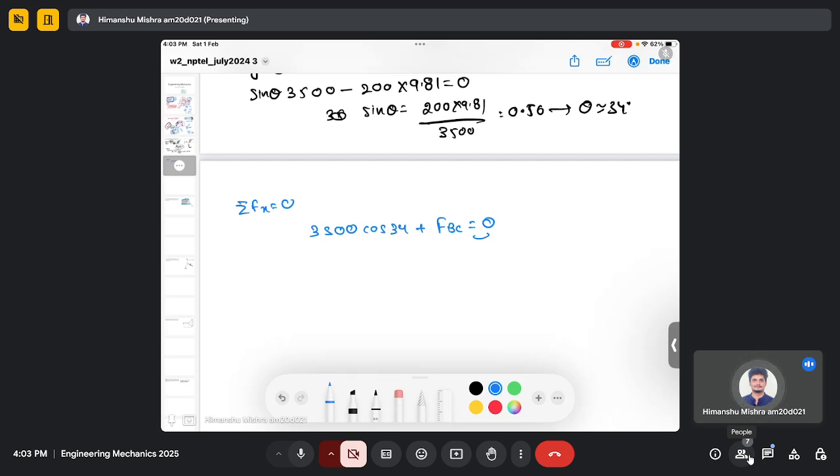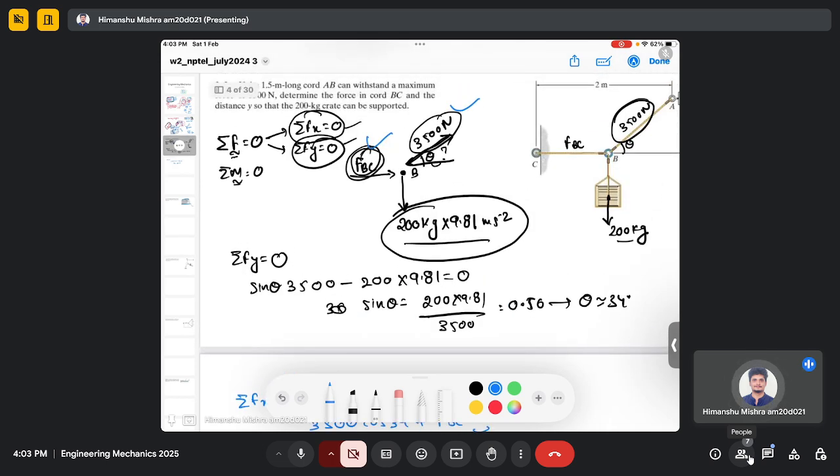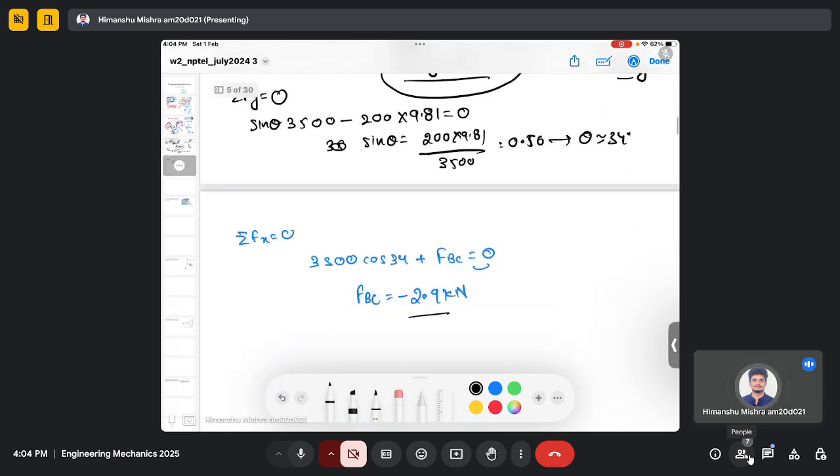So when you solve this, you will get the force at BC, which is minus 2.9 kilonewton, which means that our assumed direction of this force is wrong. It should be pointed like this, because it came out to be negative.